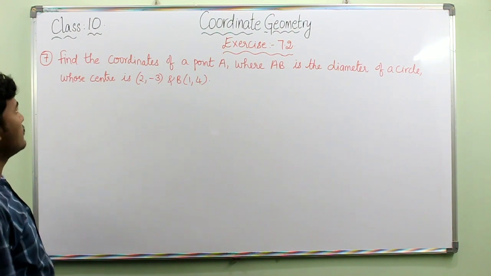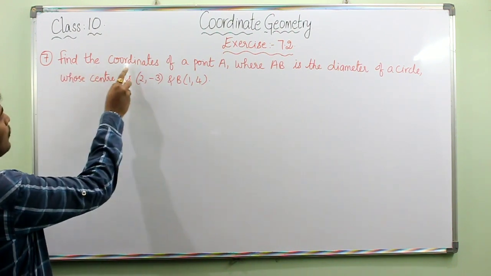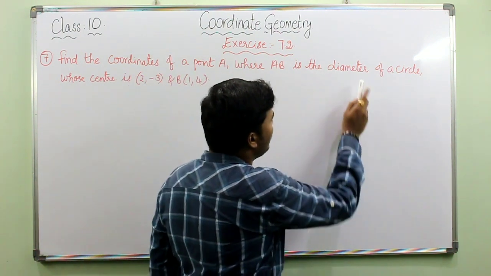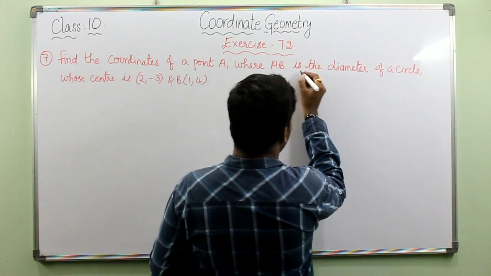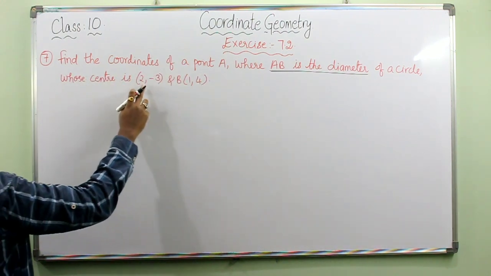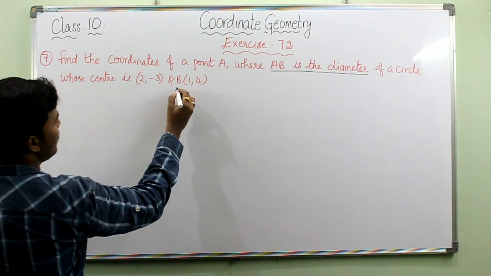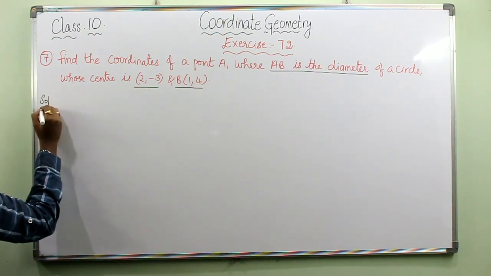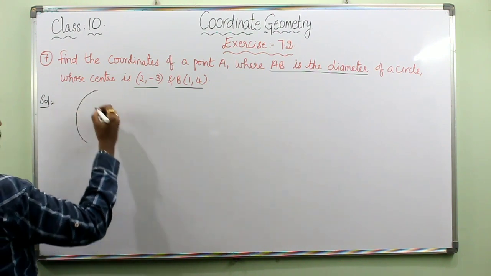The next problem: find the coordinates of a point A where AB is the diameter of a circle. AB is the diameter of the circle whose center is (2, minus 3) and the point B is (1, 4). So let us first consider a circle.